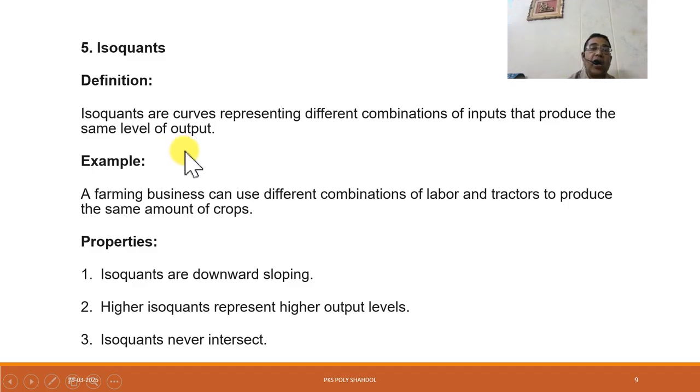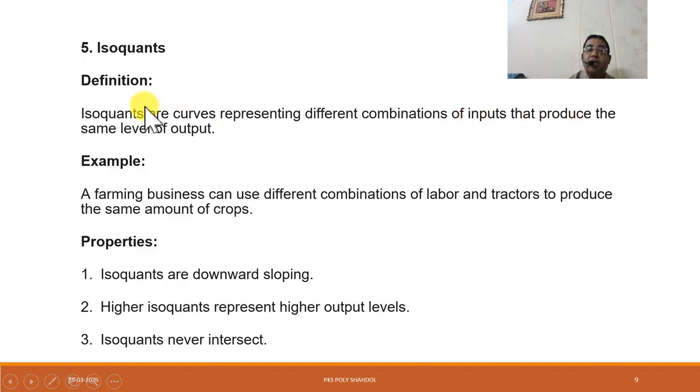What is isoquant? Isoquants are curves representing different combinations of inputs that produce the same level of output. It means what options are available for changing the input to produce the same level of output.